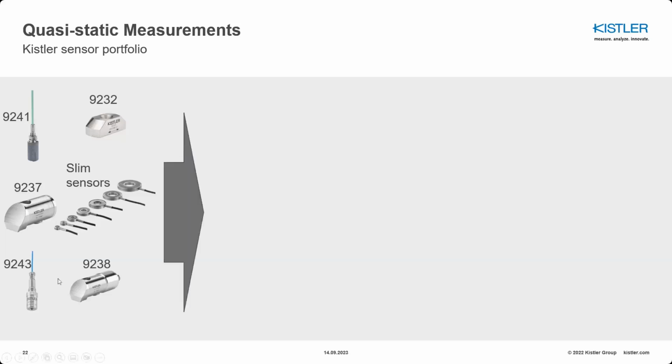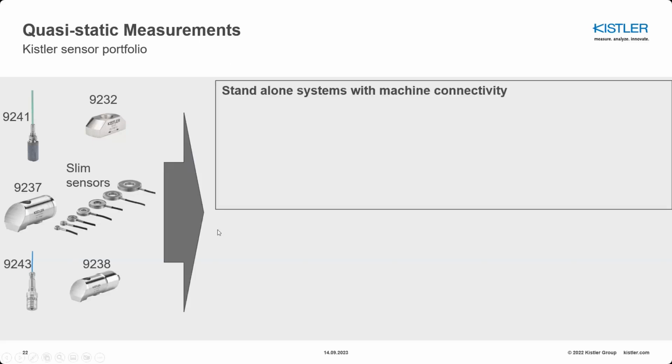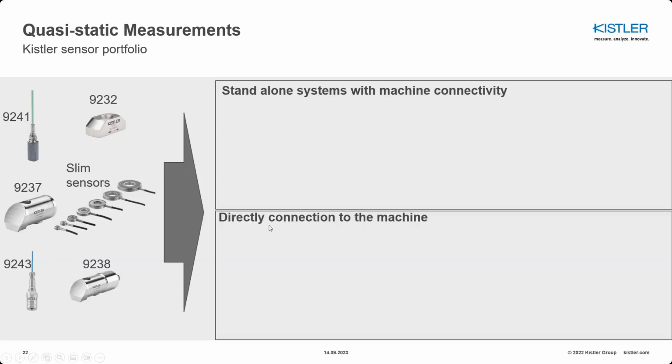So we have those flexible and simple piezo strain and force sensors. We are then able to have either standalone systems, but still with machine connectivity, or you can directly connect to your machine, as many machine builders utilizing our sensors do.